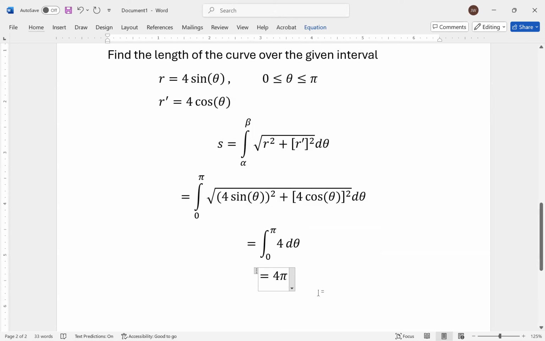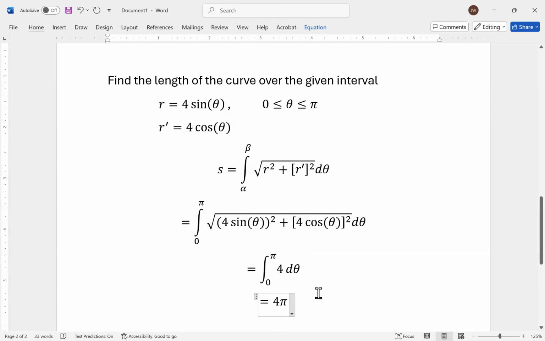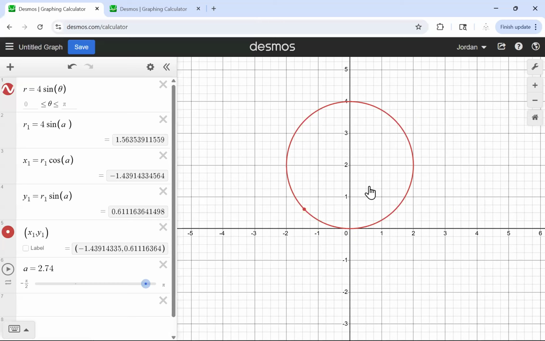And by the way, just as a check, when you graph r equals 4 sine theta, you do get a circle of radius 2 lined up along the line theta equals pi over 2. In fact, I'll just graph that right now. So there we go. We get a circle of radius 2.